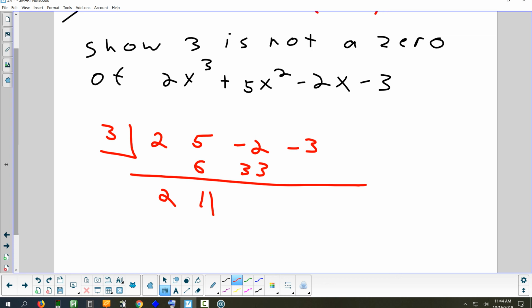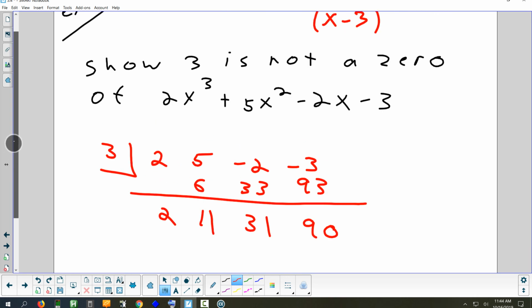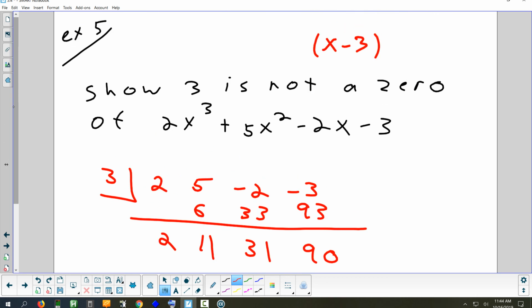Negative 2 plus 33? 31 times 3? 93. And 93 plus negative 3? 90. Since I got a remainder of 90, that means x minus 3 didn't divide into that evenly. That means 3 is not a root. That's it. Any questions on that one?